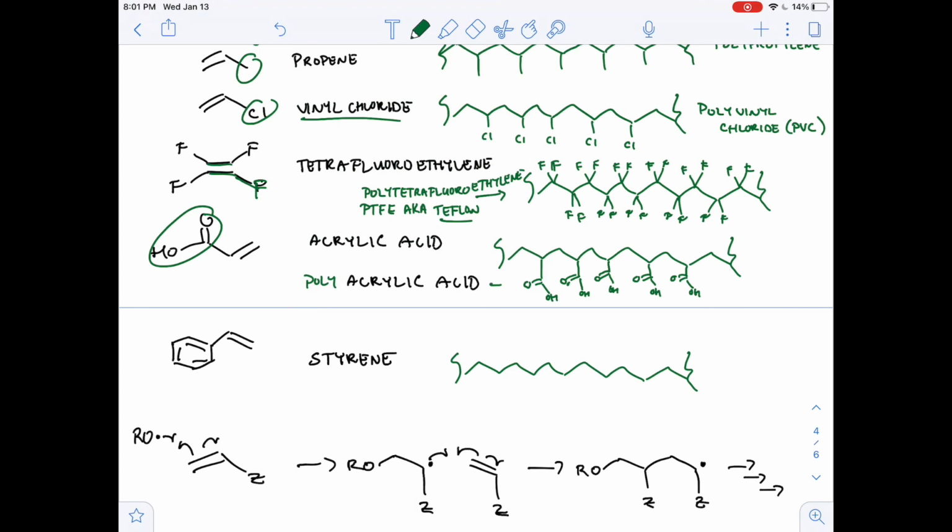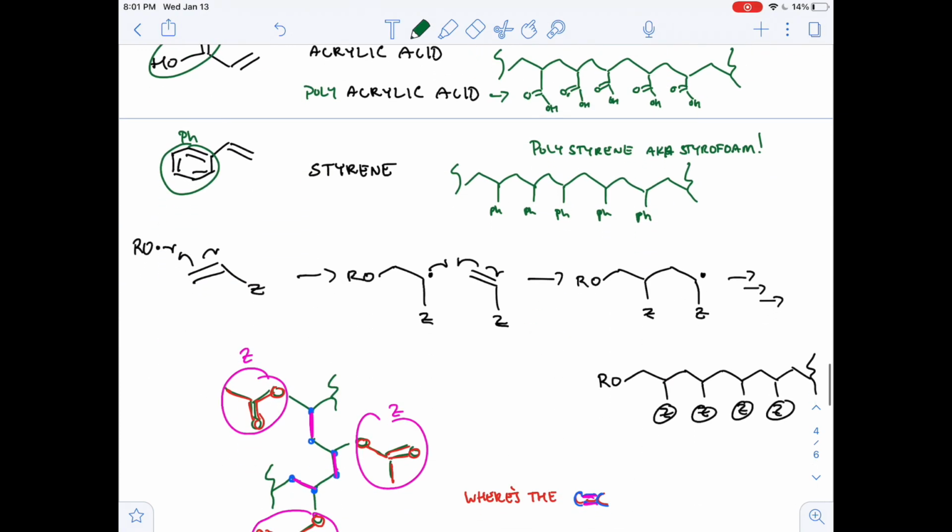Polyacrylic acid. Boom. That's what's up. And all right, so benzene ring here is abbreviated Ph for phenyl. That's our Z. So that's what we got. And what do you think this is called? Polystyrene, of course, aka Styrofoam. Boom. Now you know what Styrofoam is, right?